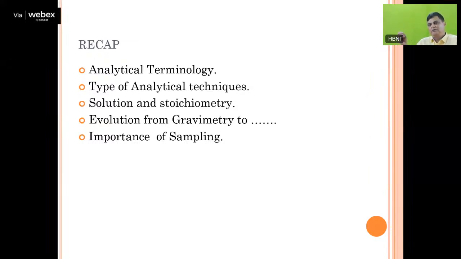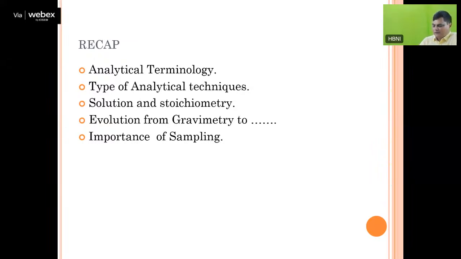Suppose you have 10 grams of a sample, and you are giving the analyst only 100 milligrams. Element X should be the same in every portion of the 10 gram sample, and that 100 milligrams should represent the 10 grams of the sample.